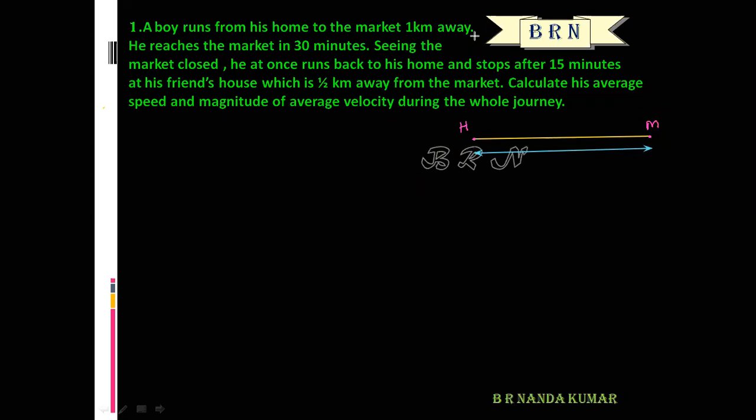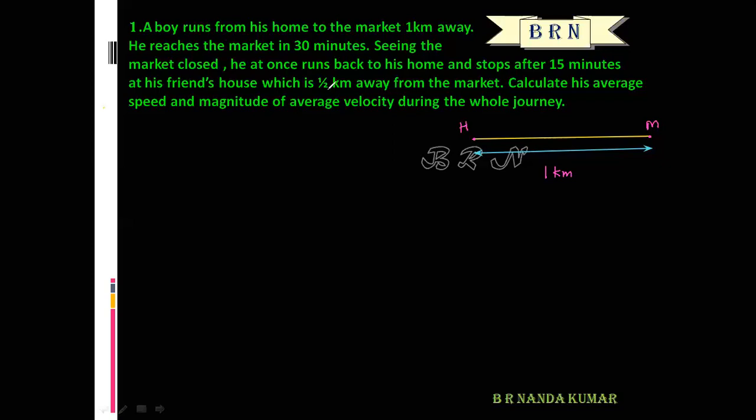The distance from home to market is 1 kilometer. A boy runs from his home to the market 1 kilometer away, so the distance from home to market is 1 kilometer. The time taken by the boy to run from home to market is 30 minutes.